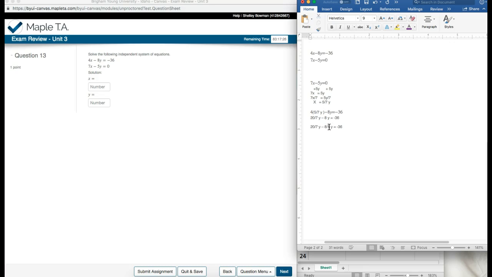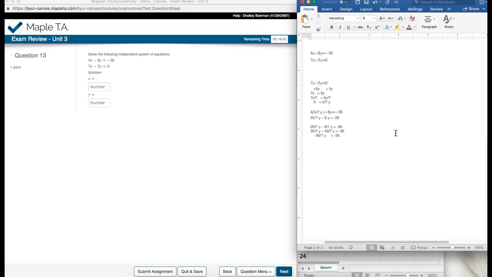So I'm going to multiply the top and bottom here by 7. 7 times 8 is 56, and 7 times 1 is 7, so it's 56 sevenths. So I have 20 sevenths minus 56 sevenths, y on there, equals negative 36. So 20 minus 56 gives me negative 36, right? So I get negative 36 sevenths y equals negative 36.